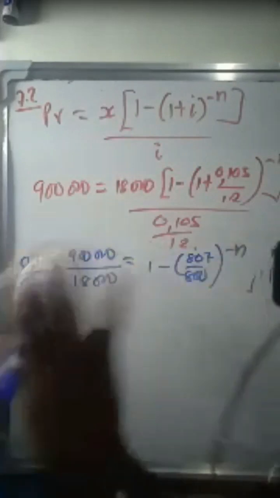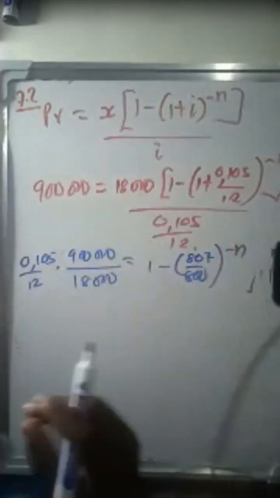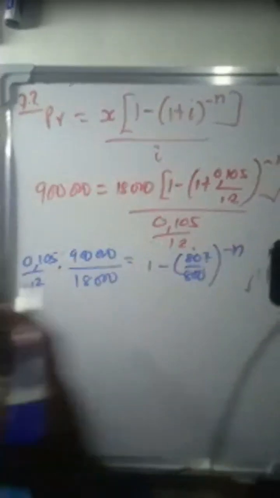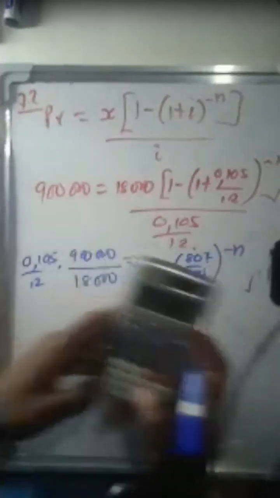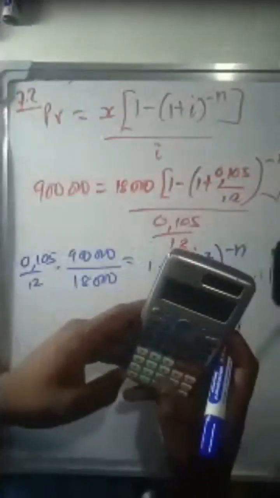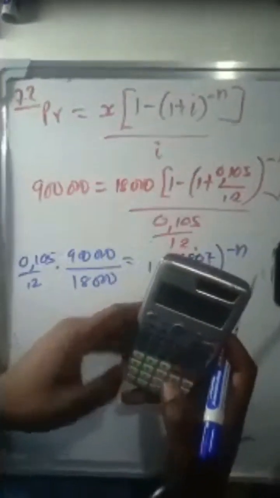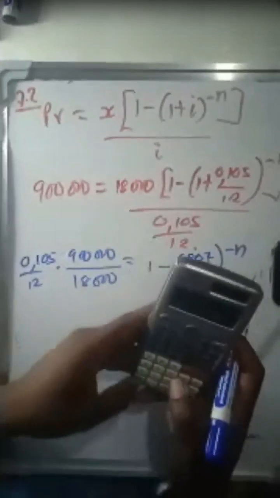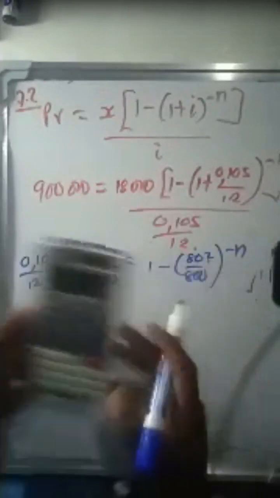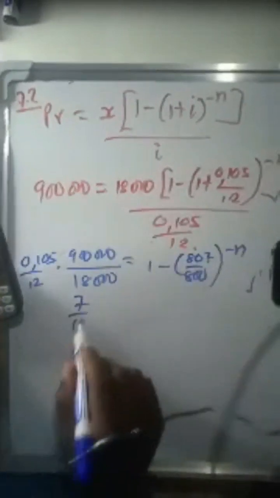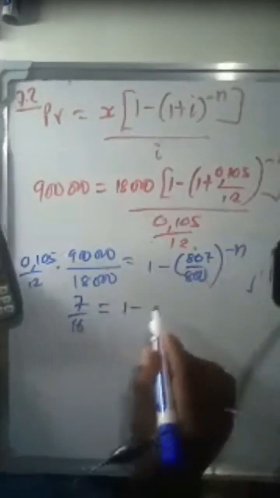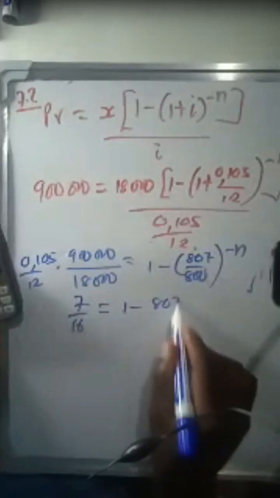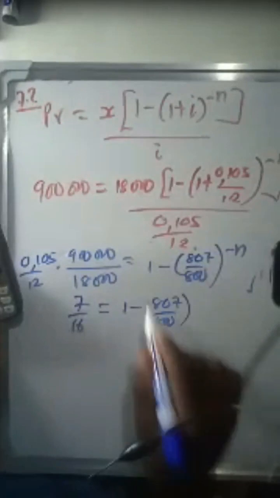So now let's work out here and see what we get. That is going to be 0.105 over 12 times 900,000 over 18,000. Then you're going to get 7 over 16 equals 1 minus (807 over 800) to the power of negative n.